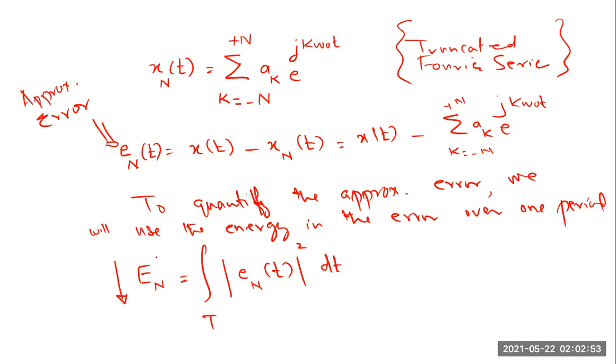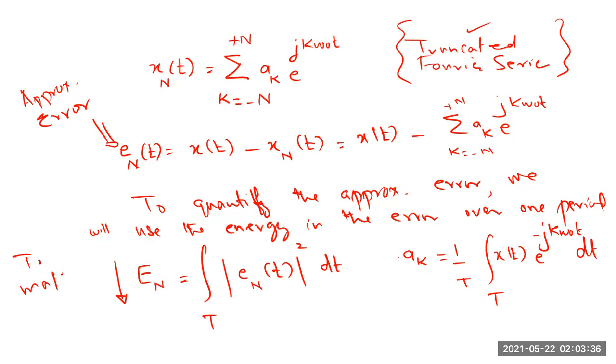I'm not going into the detailed derivation of this concept, but it has been mathematically proved by many scientists that if I want to use a truncated Fourier series, and make sure that the energy in the error is as small as possible, so that my approximation is as accurate as possible, the Fourier coefficients must be equal to 1 over T, integration over one period, of x of t e power minus j k omega naught t dt. So to make it minimum, use a k equal to this.